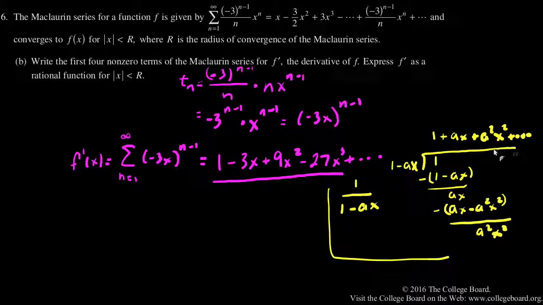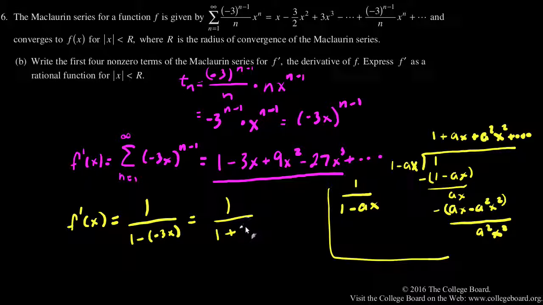So I just recognize this pattern, and in this case, a is -3, because I have -3 to the 0, first, second, third. So I know from that f prime of x is equal to 1 over 1 minus -3x, which is the same thing as 1 over 1 plus 3x.